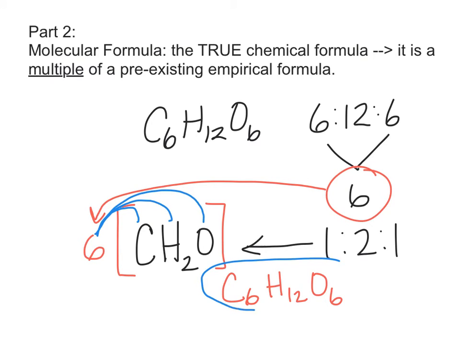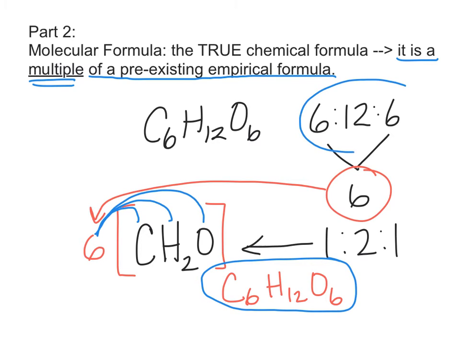And this is a molecular formula. It is a multiple of a pre-existing empirical formula. So here I can see that when my subscripts are not simplified, such as here in glucose, that means that this is a molecular formula because it has a multiple, which we call the X factor.